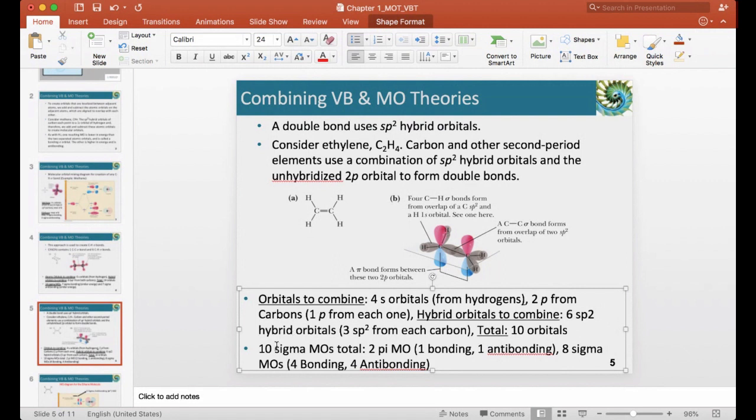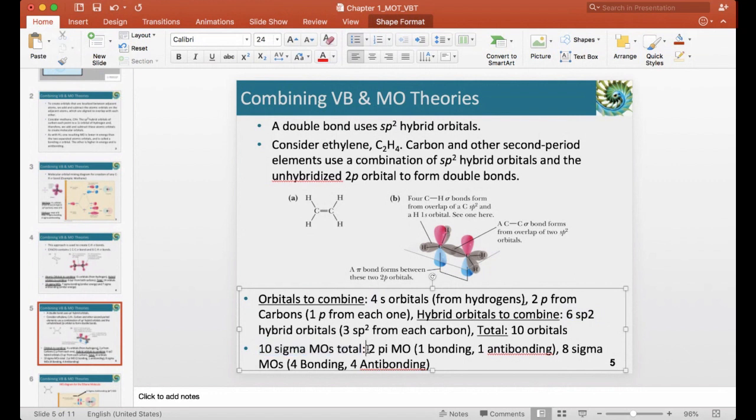Okay, so remember we only combine orbitals that are similar in energy. So we don't mix sigma with pi because pi has much higher energy. So first let's take care of the sigma bonds. 4 s and 6 sp2, that's a total of 10. If we combine these 10, we will form 10 sigma molecular orbitals.